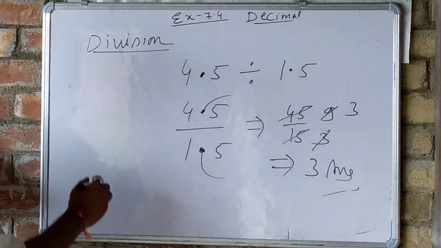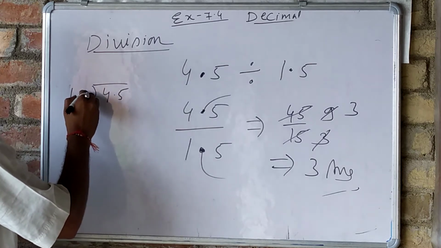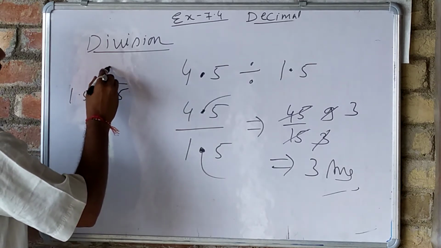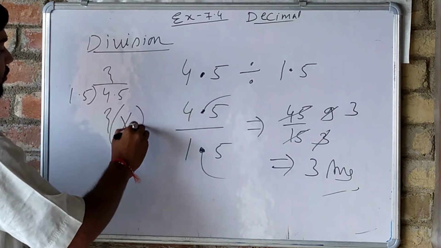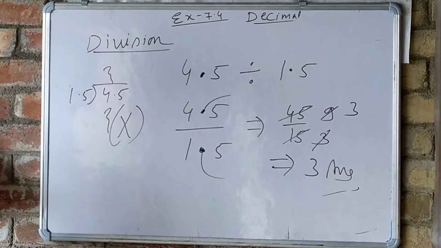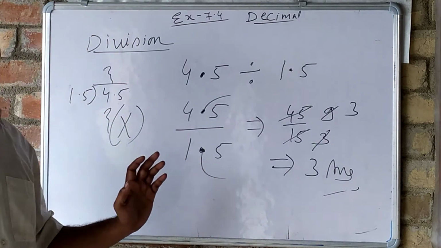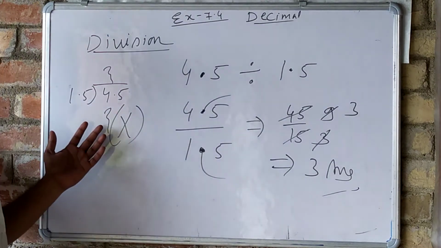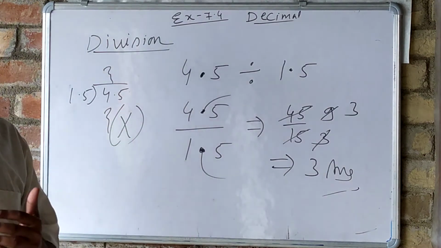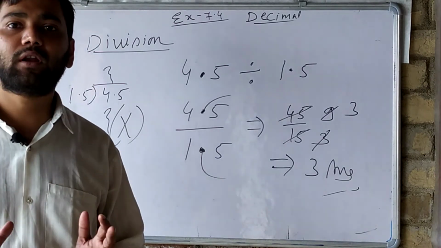If you are doing it like 4.5 divided by 1.5 by long division, some questions will come. This is the wrong way, because it will make things more complicated and consume more time.